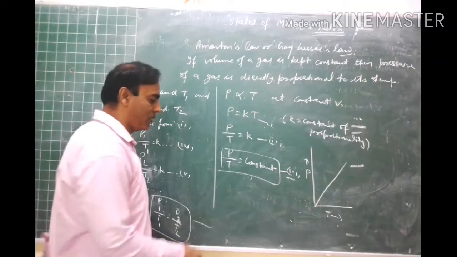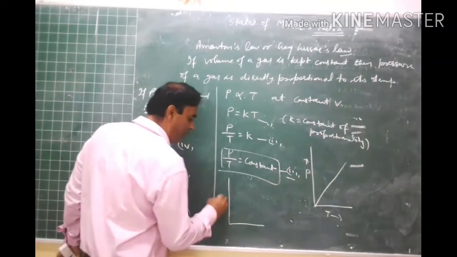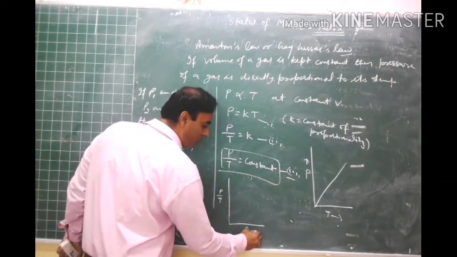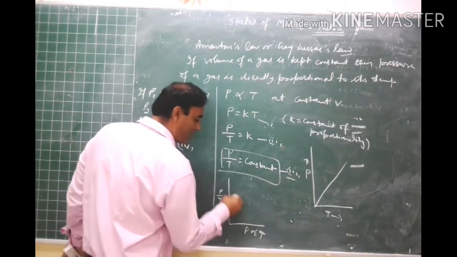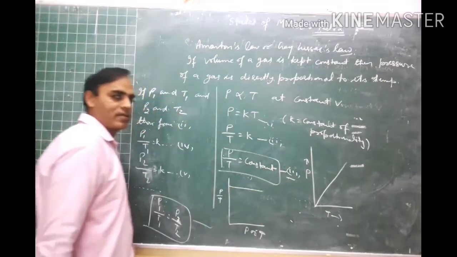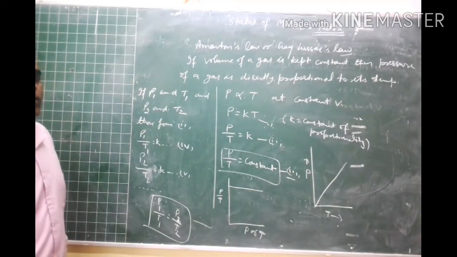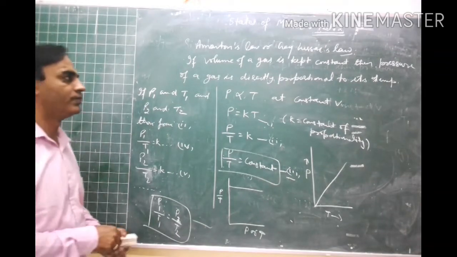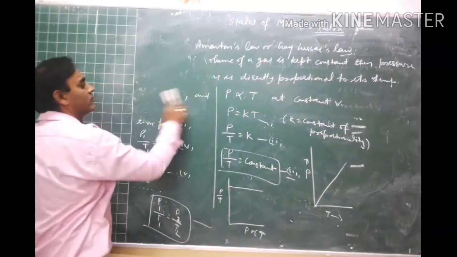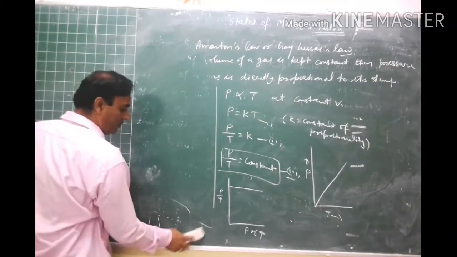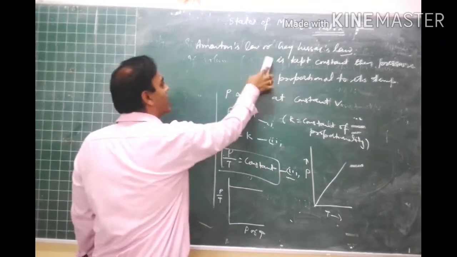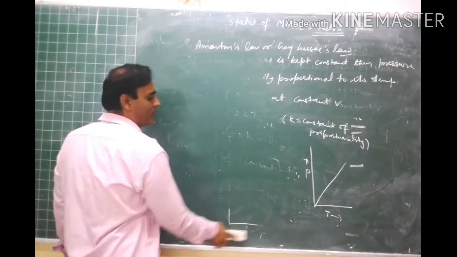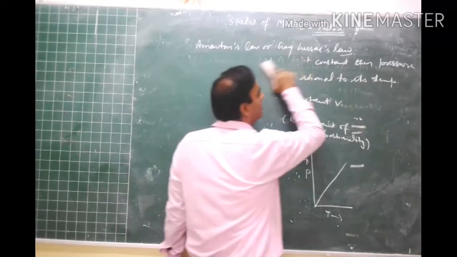On this basis we can also draw a graph of P upon T, which is a constant, and we will get a straight line parallel to the x-axis. So this is about graphs on the basis of this law. Now we will discuss a numerical on the basis of this law. The numerical is very simple, as we discussed for Boyle's law and Charles' law.